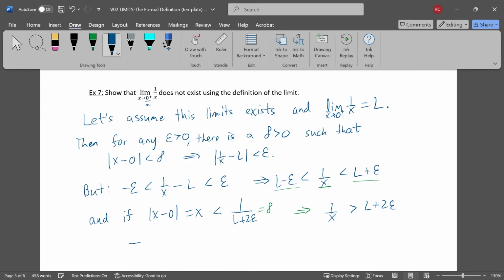And that would imply that 1 over x is certainly bigger than the L plus epsilon, right? I just wanted to pick something that guaranteed I was bigger than that L plus epsilon. Hence, our assumption was wrong.